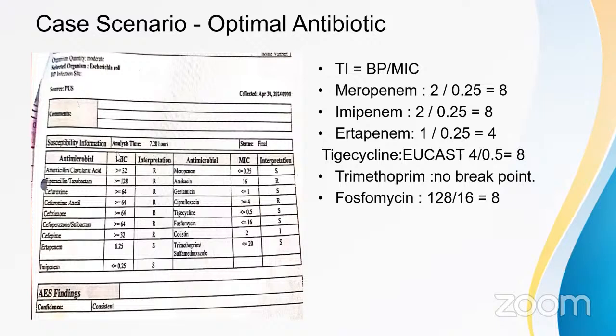You have the breakpoints from CLSI or EUCAST, and look at the ratio of breakpoint to MIC, and you got a therapeutic index of 8 for meropenem, imipenem, and 4 for ertapenem. And you see tigecycline, you got a therapeutic index of 8.